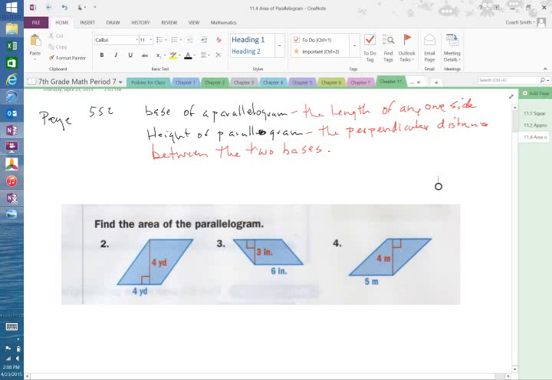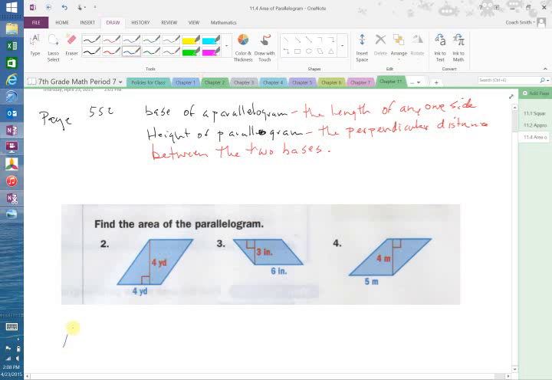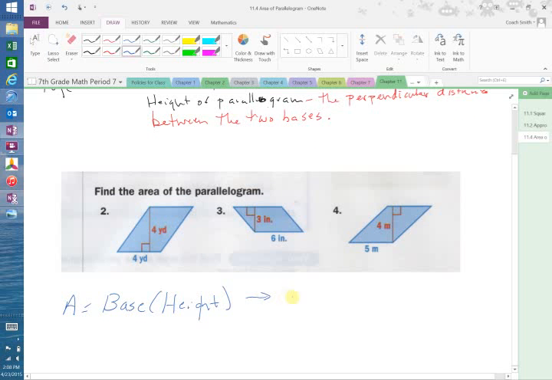Area of a parallelogram, how you find it is you take area is equal to the base times the height. Okay, base times height. And how they show that formula is it just be A equal B times H.